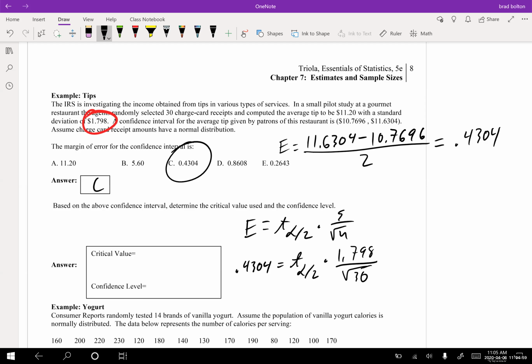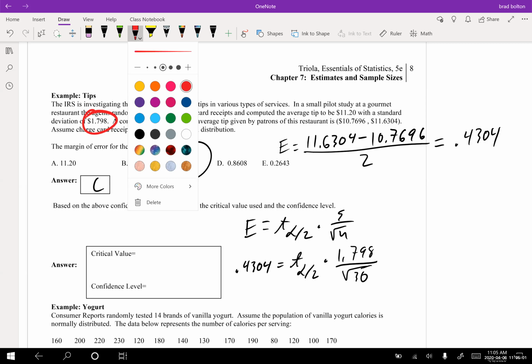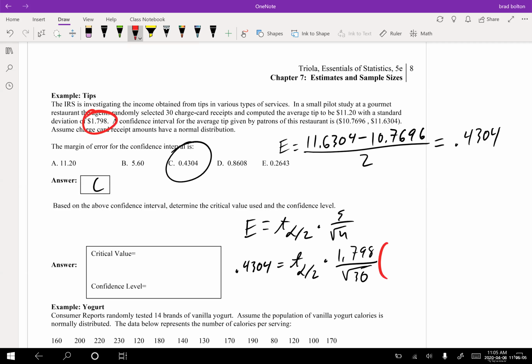Okay. So basically, hopefully you guys understand how to solve for T alpha. We're just going to multiply this times the square root of 30 over 1.798. This will cancel this. This will cancel this. This will be 1, 1, 1, 1. But whatever you do to one side, you got to do to the other. So I'm going to take square root of 30 over here, and I'm going to do 1.798 over here. And we just enter that in our calculator, and that should give us our T alpha over 2.